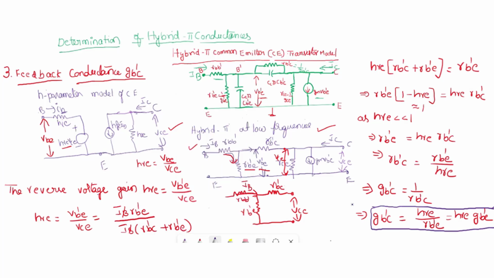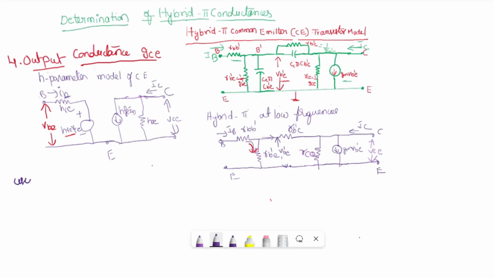So now we'll move to the next conductance, output conductance Gce, using the H parameter model. What is the output conductance in the case of the H parameter model? hoe.